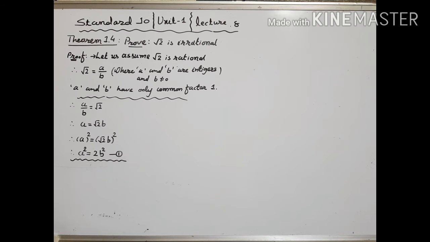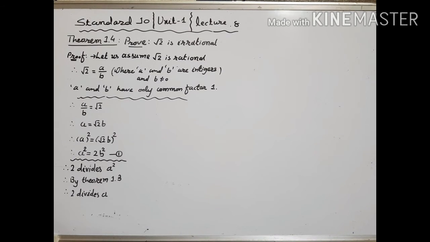Now we can see that in the factors of a square on the right-hand side, we have two factors. One is 2 and the other factor is b square. So a square has factor 2, and therefore 2 divides a square, and as per theorem 1.3, 2 divides a.